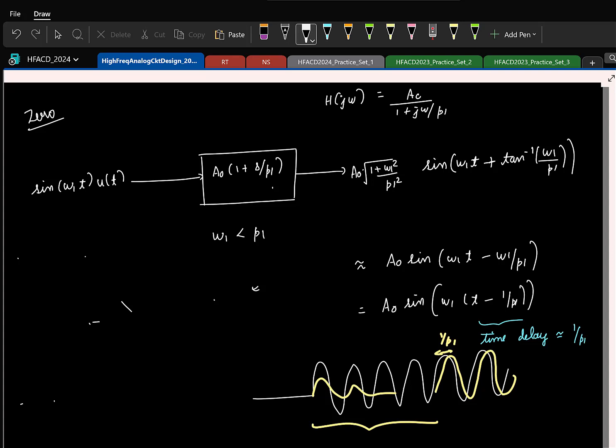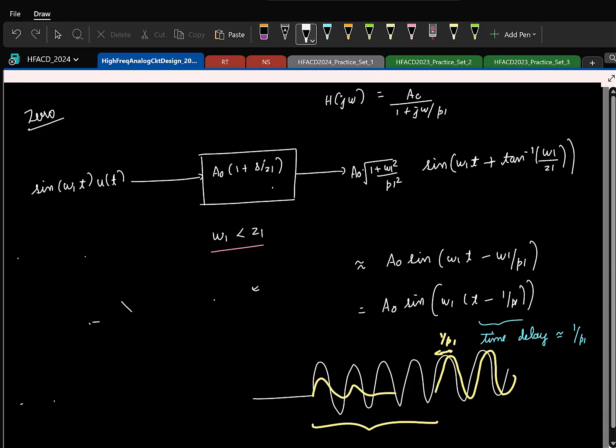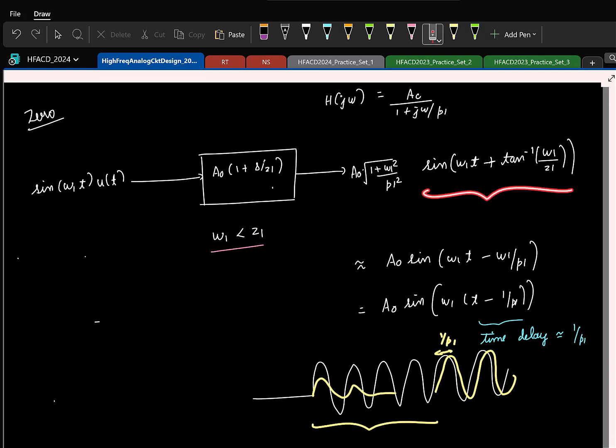As usual, if I use this condition that the frequency of the sinusoid is much smaller than the pole location, actually I'll make it clear, this is 0, so that there is no confusion. If I consider a case where the input sinusoid is at a frequency much lower than the 0 frequency, how can I approximate this? You'll have the same thing, right?